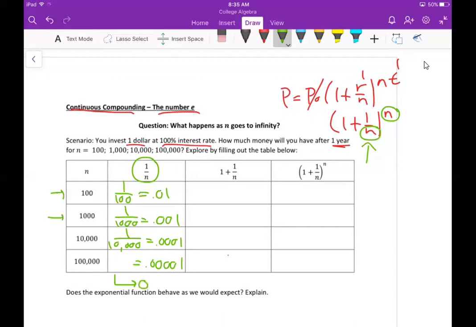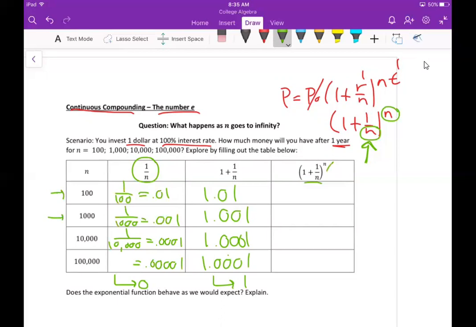It's like as I'm compounding more and more often, I'm almost not adding anything in to the growth factor. That growth factor was 1.01, but where is this growth factor going? This growth factor itself is approaching 1. And what happens as you take 1 to a power?